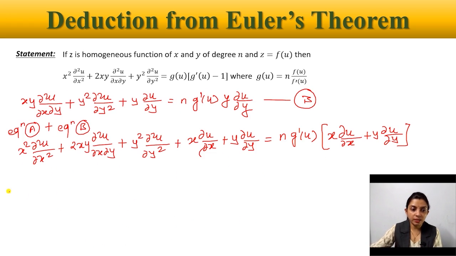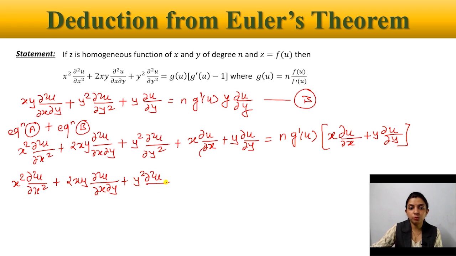So using this value, what I get is x² ∂²u/∂x² plus 2xy ∂²u/∂x∂y plus y² ∂²u/∂y² plus, it will be only g(u).